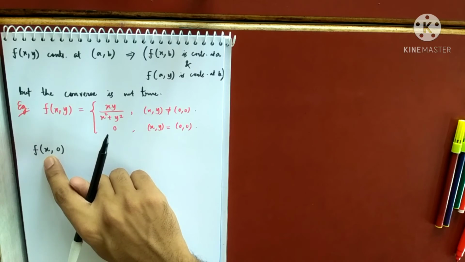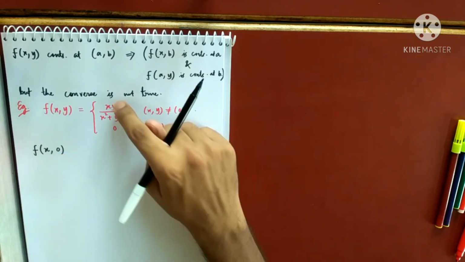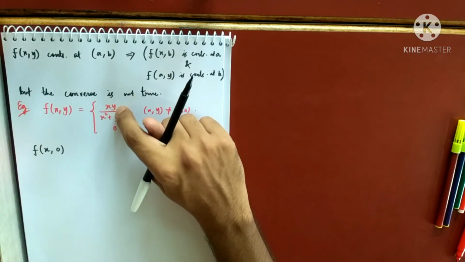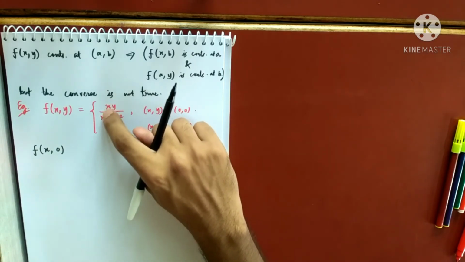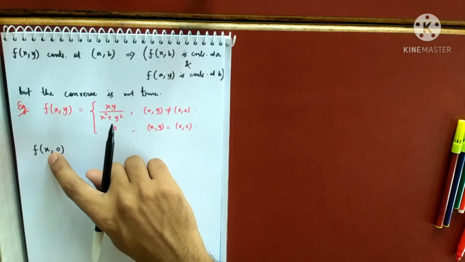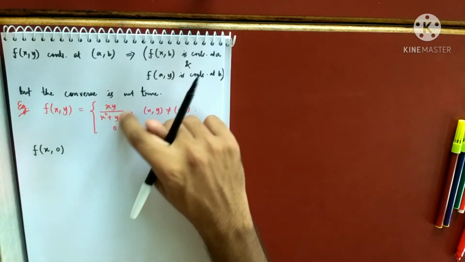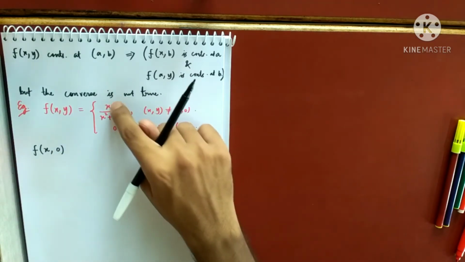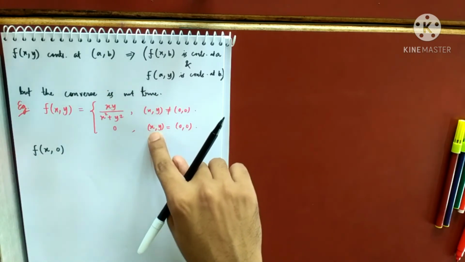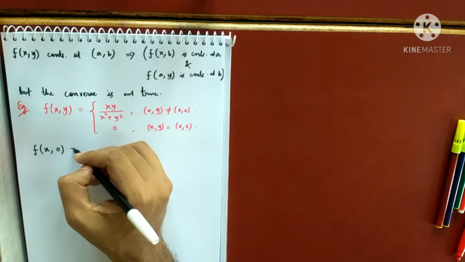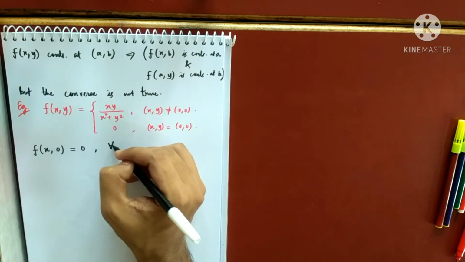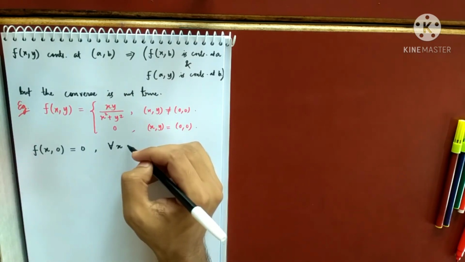Suppose x is not 0 and y is 0. Then I am getting 0 divided by a non-zero number, so eventually I get the 0 function. When x and y are both 0, I also get 0. So eventually this is 0 for all x. Did you understand my point?